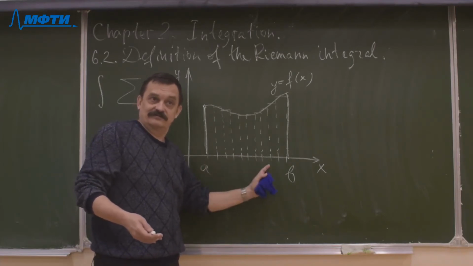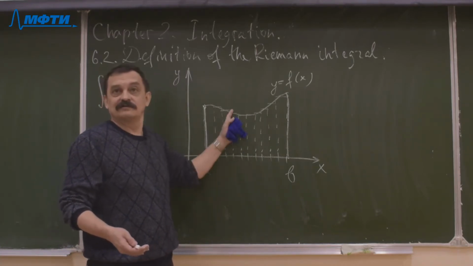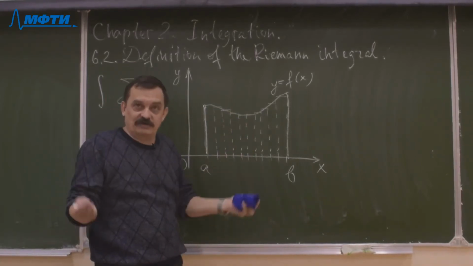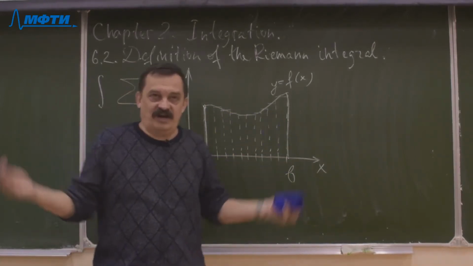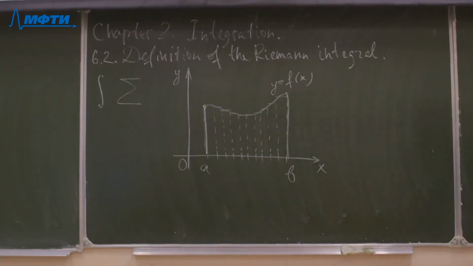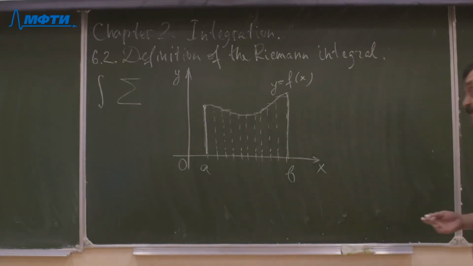Next, we choose a point where we take the value of our function. Even more variables. So many variables. And that gives a necessity to introduce a new definition.